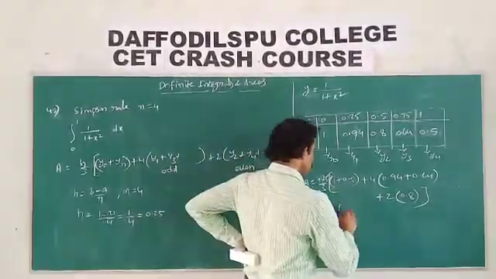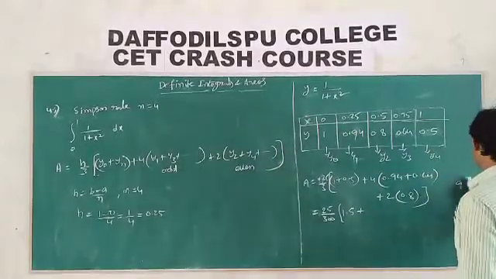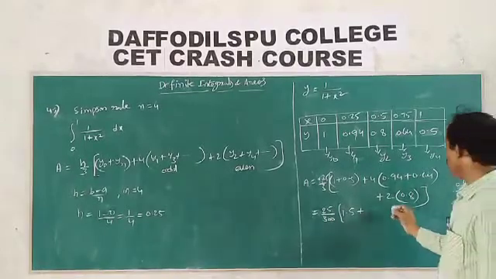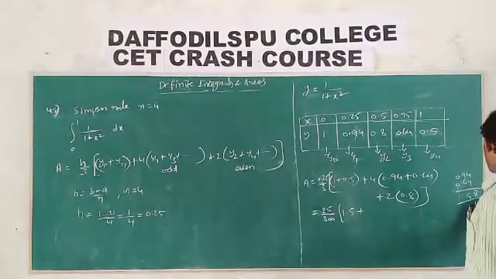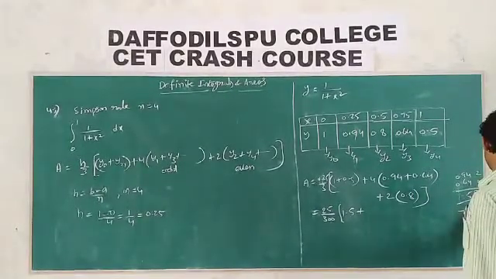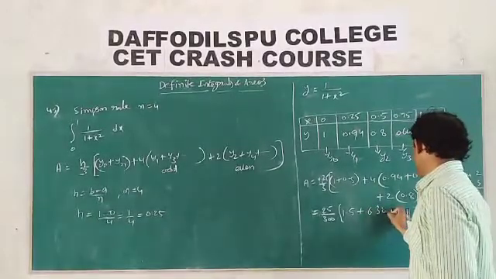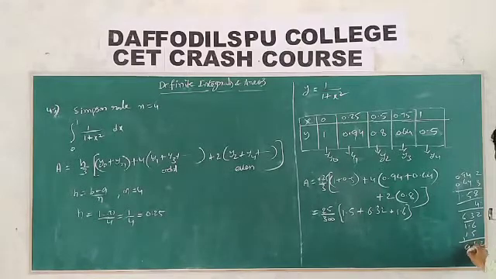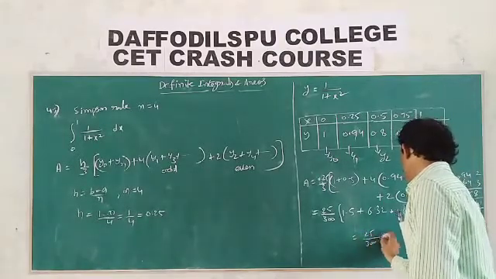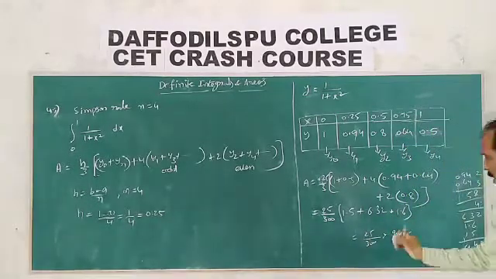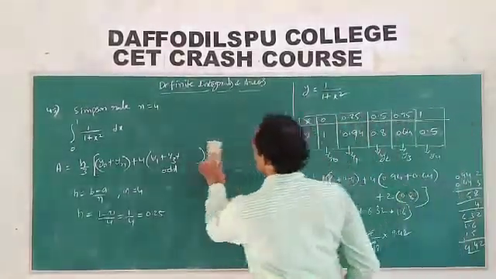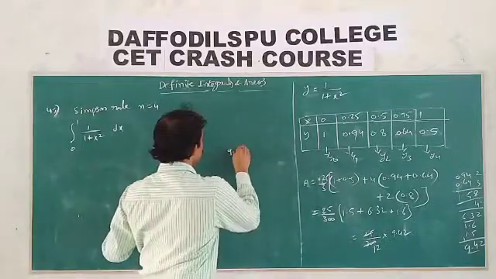Adding 1.5, 0.94, 0.64: 4 into 1.58 is 6.32, plus 1.6, total 9.42. So 25 by 300 into 9.42. 25 how many times? 12 times, so now it cancels. Write this value as 9.42 by 12.